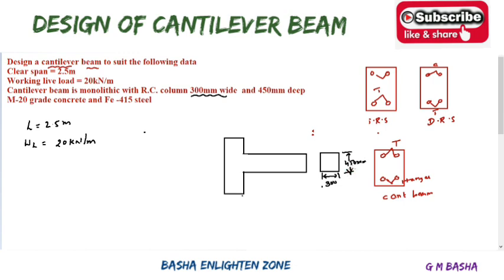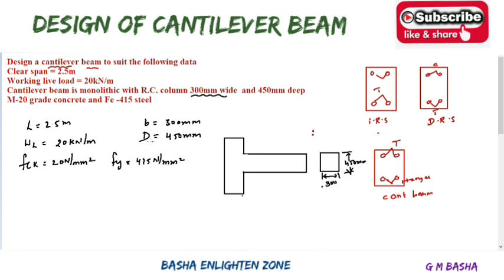Okay, then coming to the next step, fck will be equal to 20 Newton per mm square, fy will be equal to 450 Newton per mm square. So write down b equal to 300 mm, capital D equal to 450 mm.